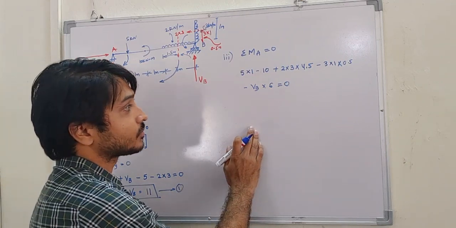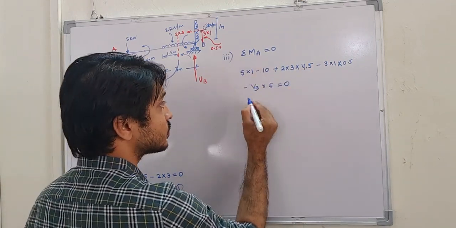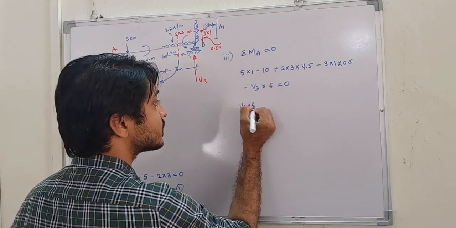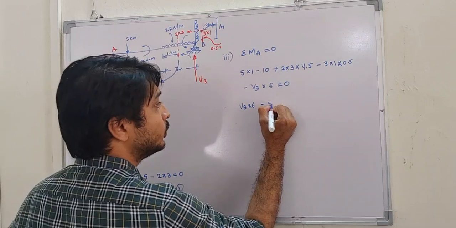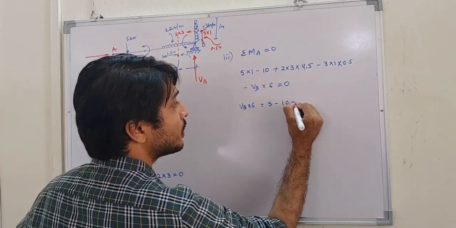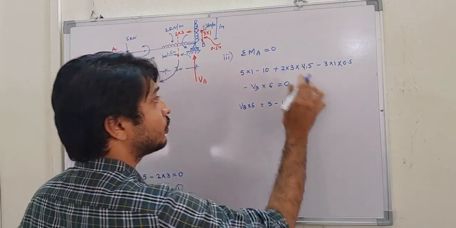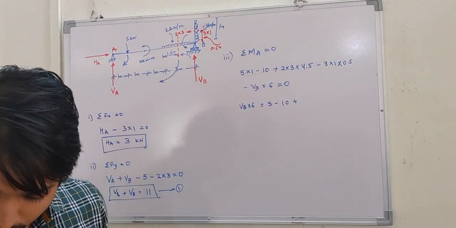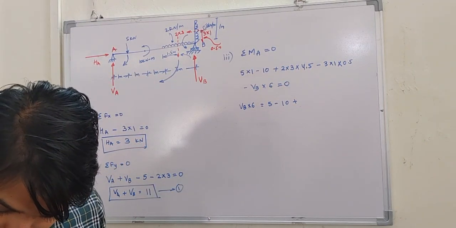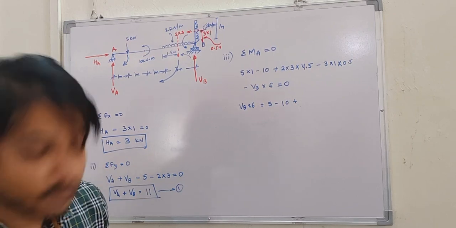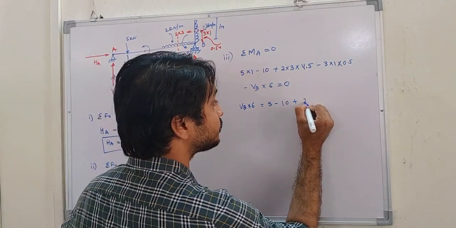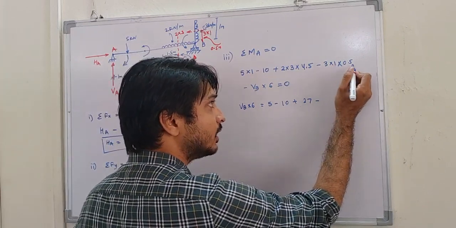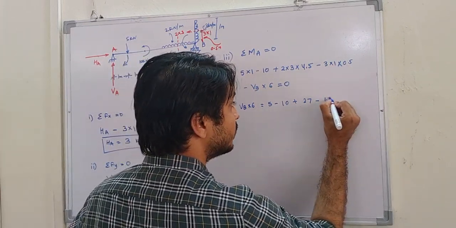Next, after resolving this equation, I send VB to the other side. So what I get: VB into 6 is equal to 5 minus 10 plus 6 into 4.5. 6 into 4.5 is 27. So it is plus 27 minus 3 into 0.5, which is 1.5.